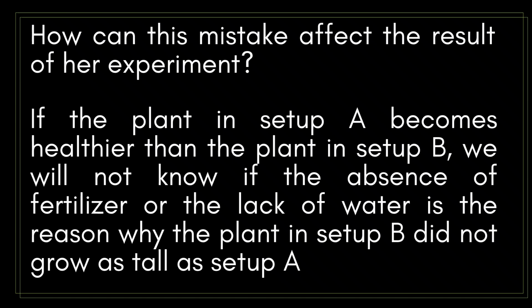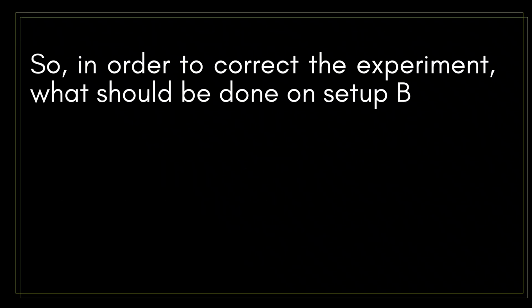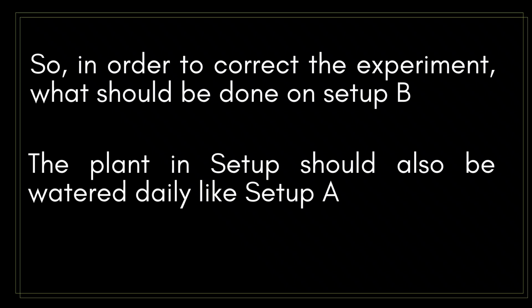If the plant in setup A becomes healthier than the plant in setup B, we will not know if the absence of fertilizer or the lack of water is the reason why the plant in setup B did not grow as tall as setup A. So, in order to correct the experiment, what should be done on setup B? The plant in setup B should also be watered daily like setup A.